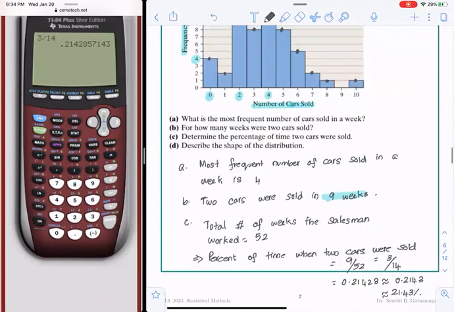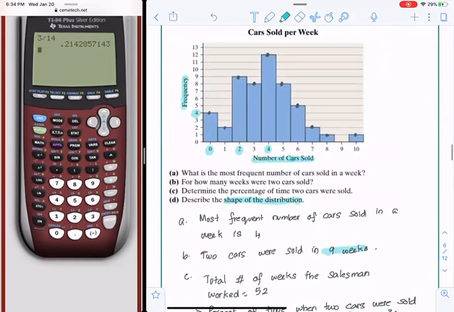Lastly, they are asking for the shape of the distribution. Most important thing. I put those dots in the previous part so that we can identify the shape. Now I'm just going to connect the dots. That is the sort of shape that we see.